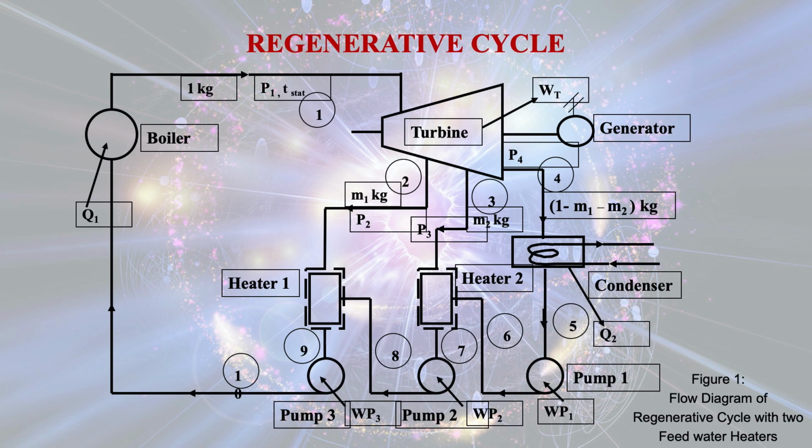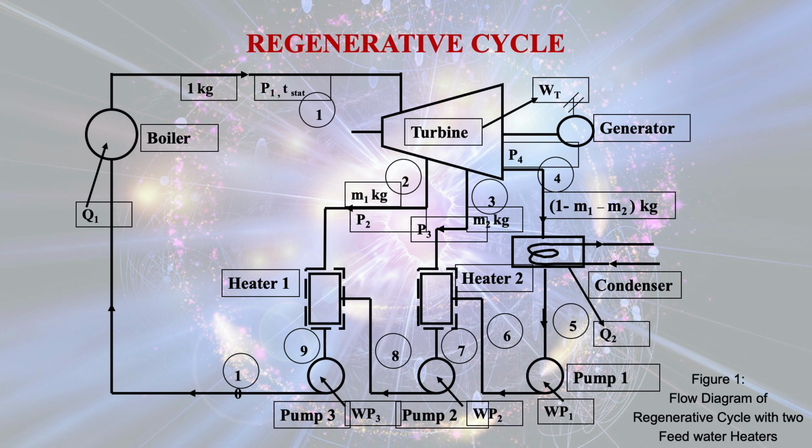Now you see in this diagram that there is work done by the turbine, and we will see how we can calculate it. We shall also calculate the work done by the pumps. Here there are 3 pumps: WP1 is the work done by pump 1, WP2 by pump 2, and WP3 by pump 3.